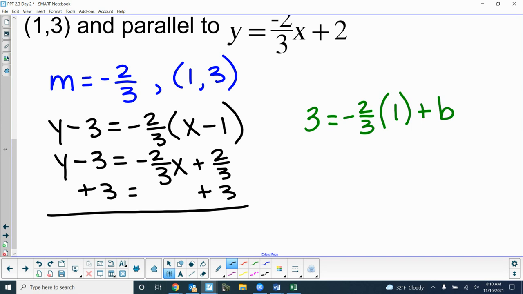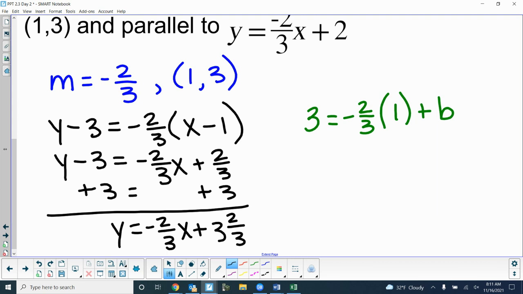That's fine. The book would probably write it as an improper fraction, which is 11/3. All right, 3 is 9/3, so 2/3 plus 9/3 is 11/3. Okay, but 3 and 2/3 is fine.